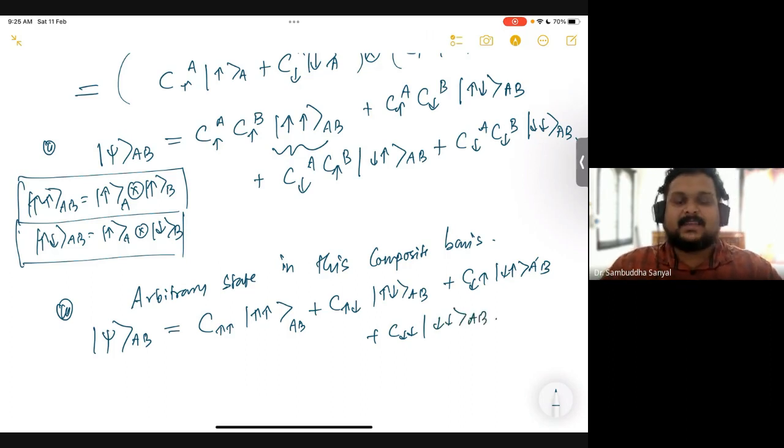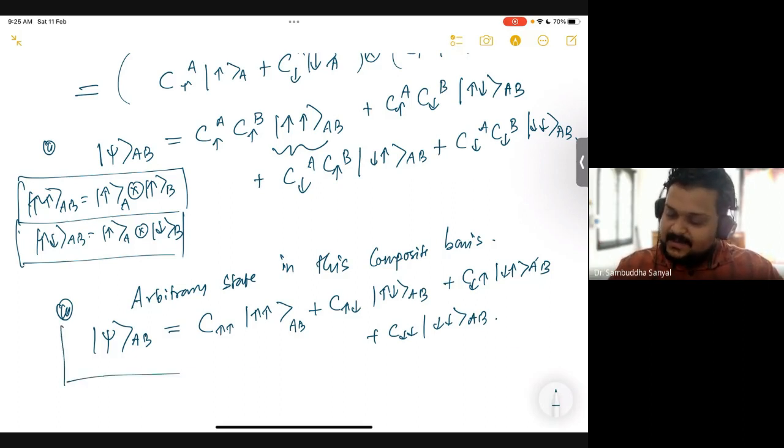You see the difference between the exercises we just did. In the first one, I had two superposition states and I brought them together to write the composite one. In the second one, I just wrote a general state in this four-dimensional Hilbert space. Now, what is the difference between the two?